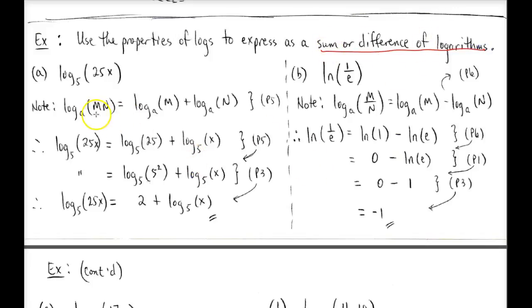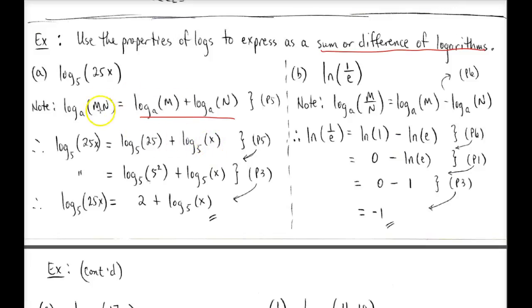So if we note here, log base 5 of 25x looks a lot like log base a of m times n. And because of that, we can rewrite it as two separate logarithms. So log base 5 of 25x is just log base 5 of 25 plus log base 5 of x.